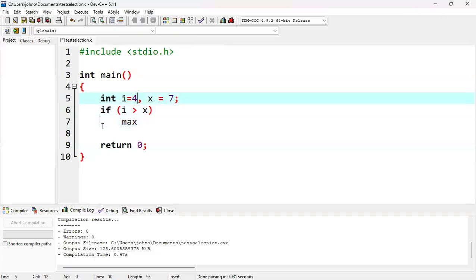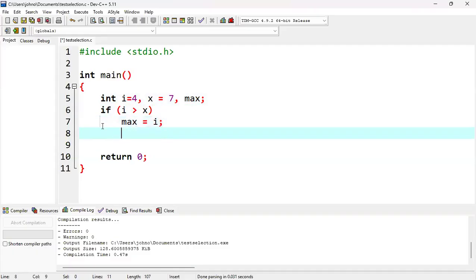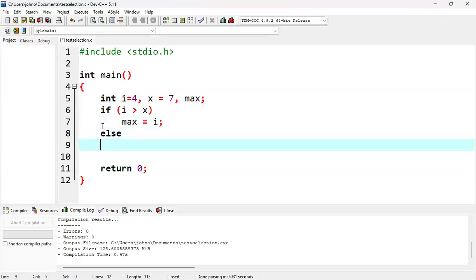All right, let's introduce the variable max to our programming environment. So we can say max is equal to I, else max is equal to x.